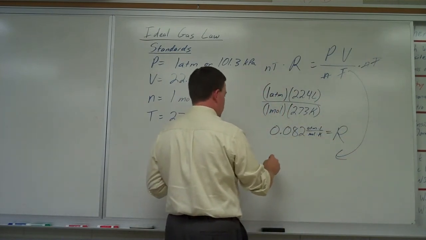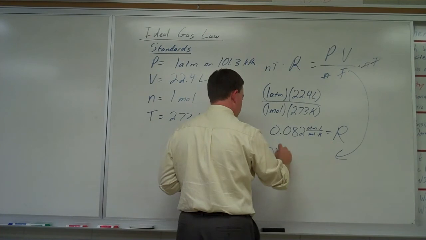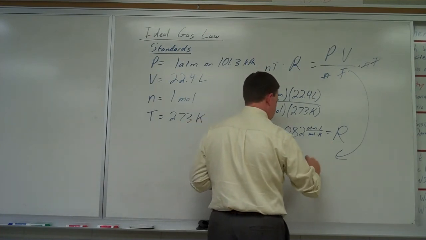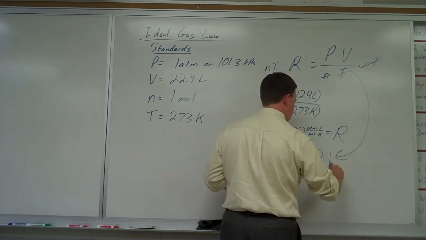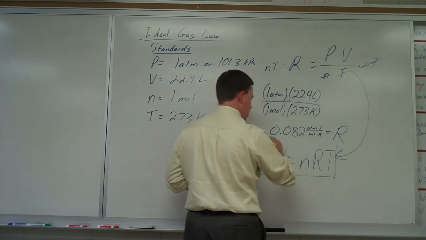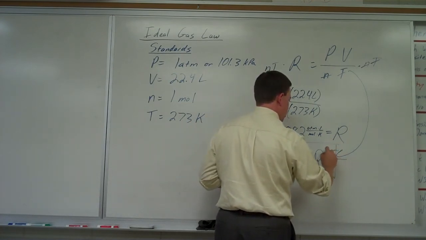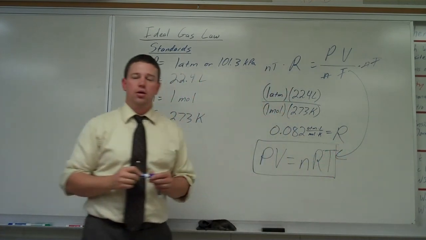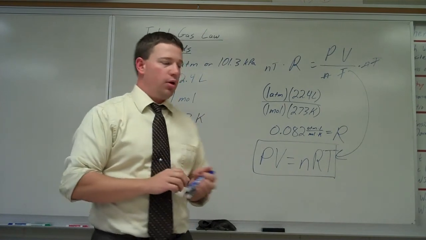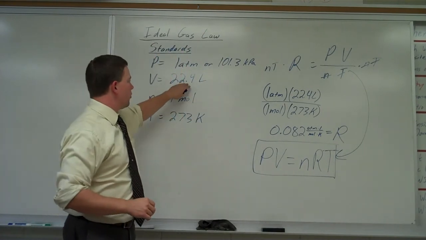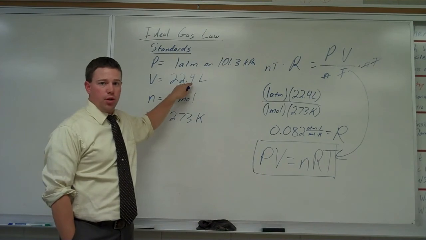We end up with an equation that is easy to remember: PV equals nRT, the ideal gas law. And that came directly from this number that we developed in our lab.